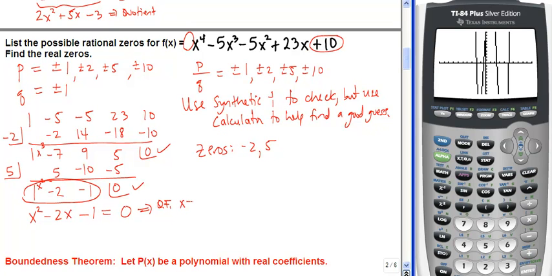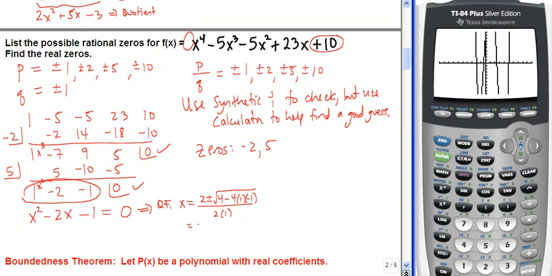That's going to be x equals minus b. So here's my b. So minus that would be positive 2 plus or minus the square root of b squared, so negative 2 quantity squared becomes 4, minus 4 times a, which is 1, times c, which is negative 1, all over 2 times a, 2 times 1.